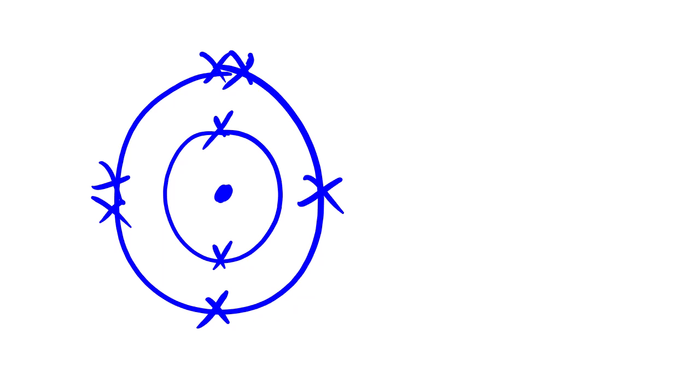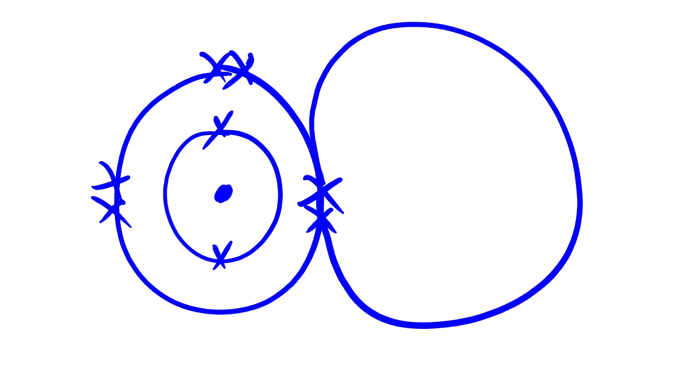What will happen is that this electron will come here, and the next oxygen atom will be like this. Just draw the shell here.